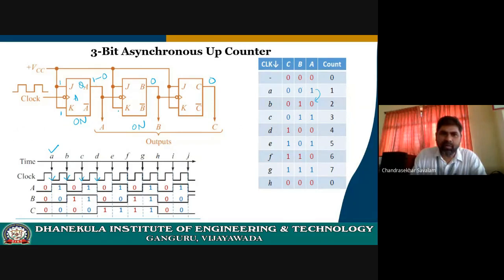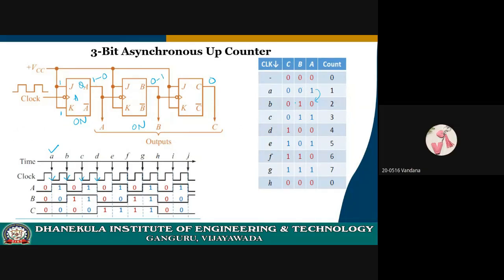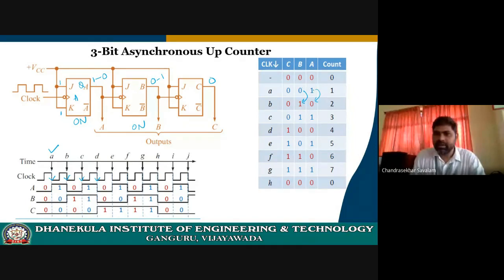So now again 1, 1. The previous state is 0. What is the next state, students? 1. So you got 1 here, because QB is on. Coming to the C flip-flop: the transition 0 to 1 is not a clock edge, so it is off.